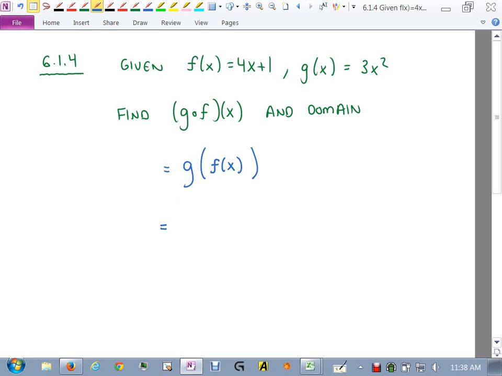Now let's rewrite that. Don't touch the g, but replace f of x with what it is. So what is the f of x here? 4x plus 1, right? I think I'll do that in red. Okay, that's what f of x is.